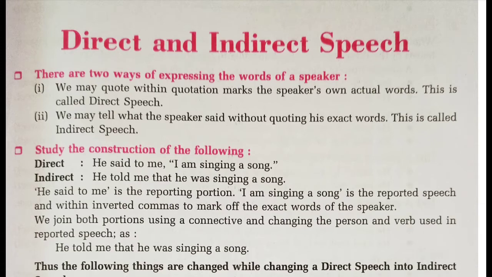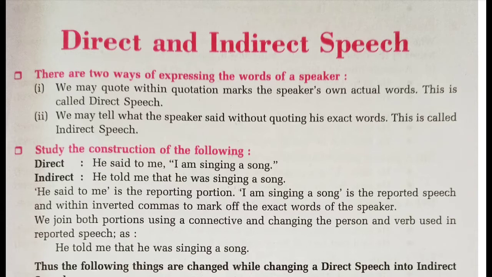So you see, we have to transform any sentence from direct speech to indirect speech on the basis of the reporting verb. If the reporting verb is in past tense, then whatever we have within inverted commas will also change into past tense.